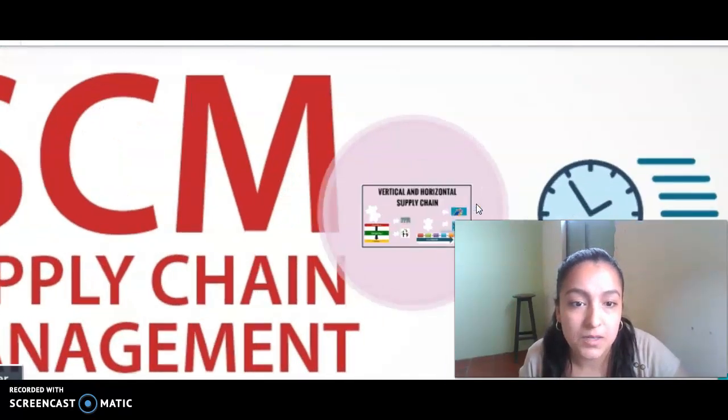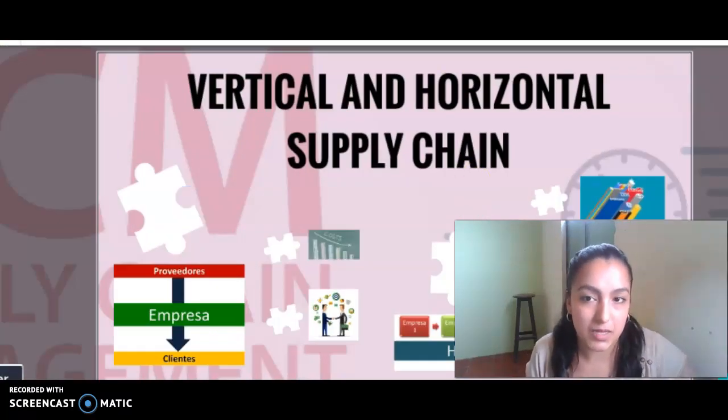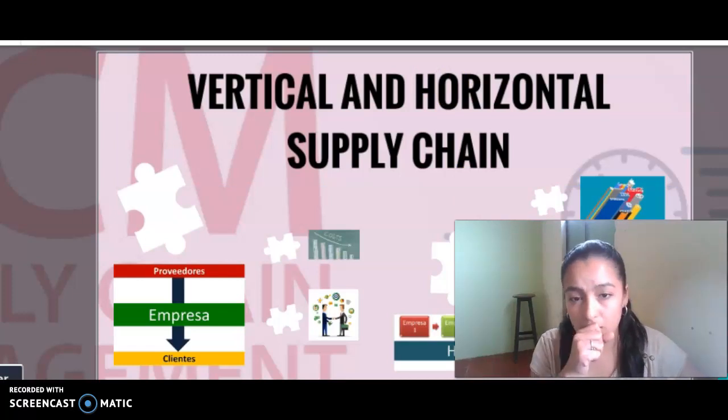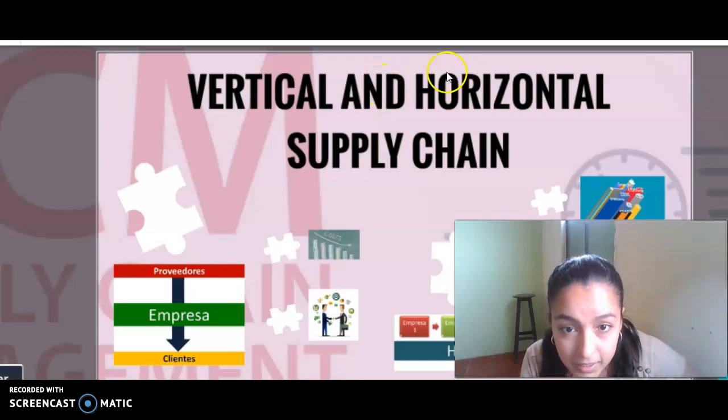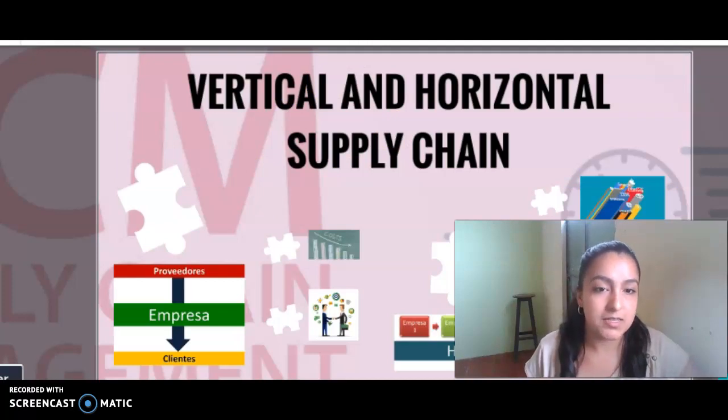The vertical and horizontal supply chain. The vertical supply chain occurs when the same company takes over activities that had traditionally been delegated to third parties.